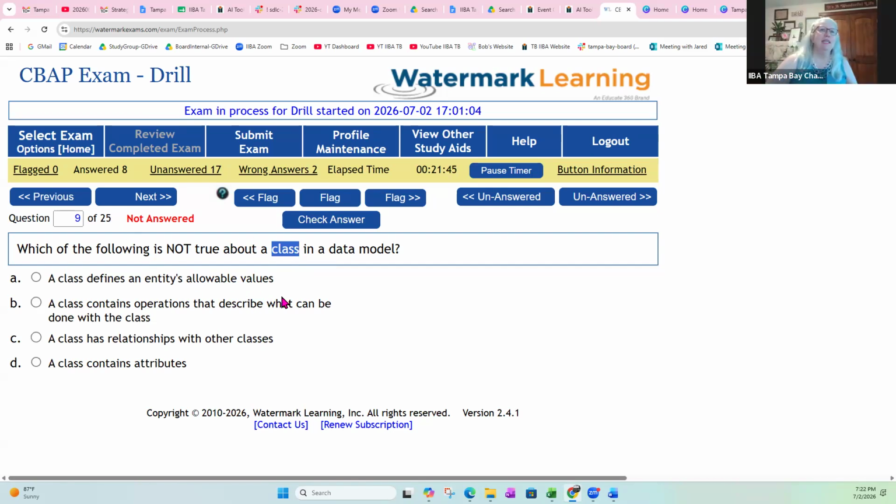A class defines an entity's allowable values. A class contains operations that describe what can be done in that class. A class has relationships with other classes, or a class contains attributes. Remember, in a class diagram, it's got these little boxes, and some of them have a line in it that have operations below.